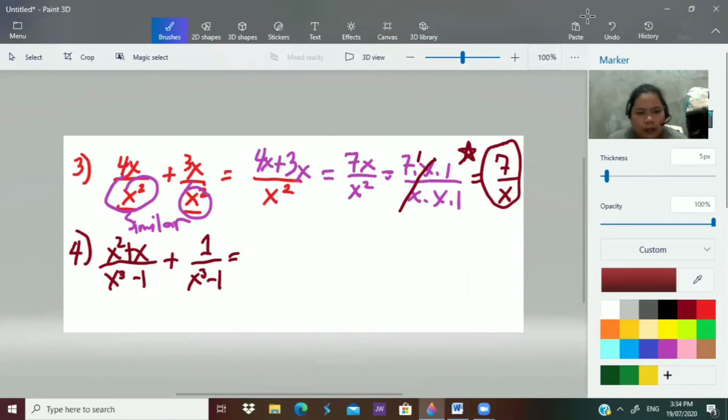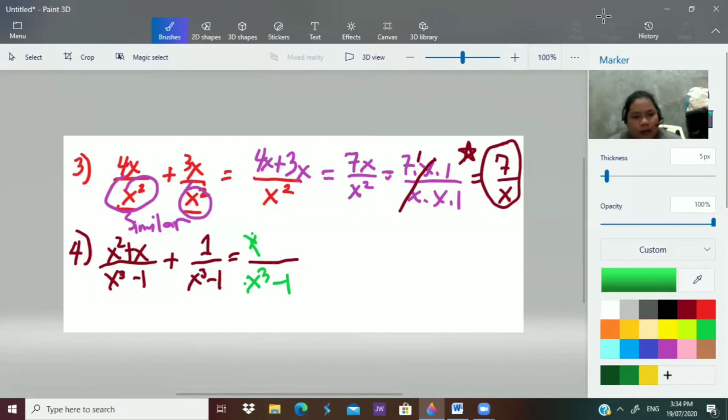So same rule pa rin tayo. Similar fractions. So copy the denominator, kopya x cubed minus 1. Then add the numerators.